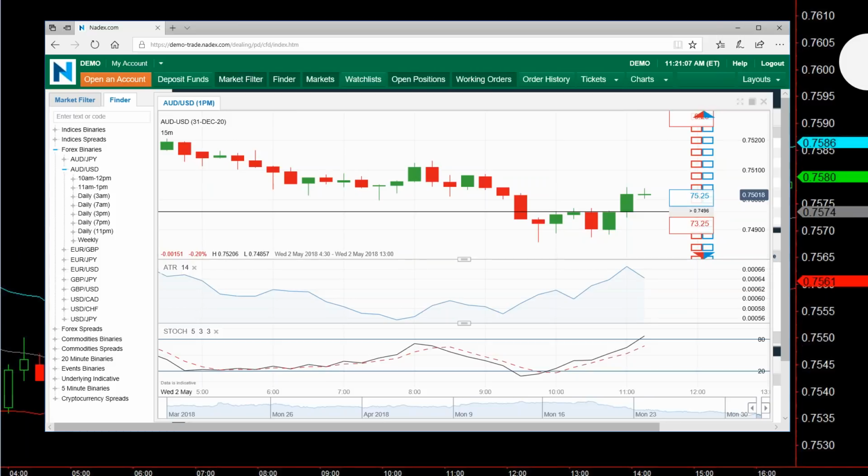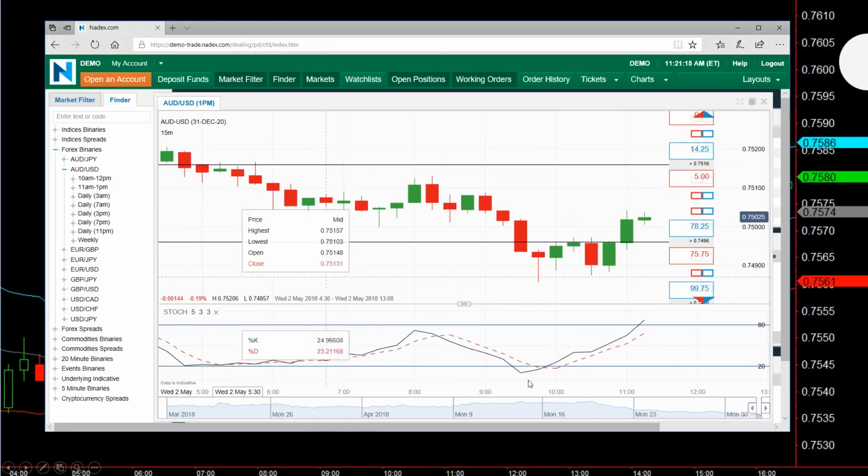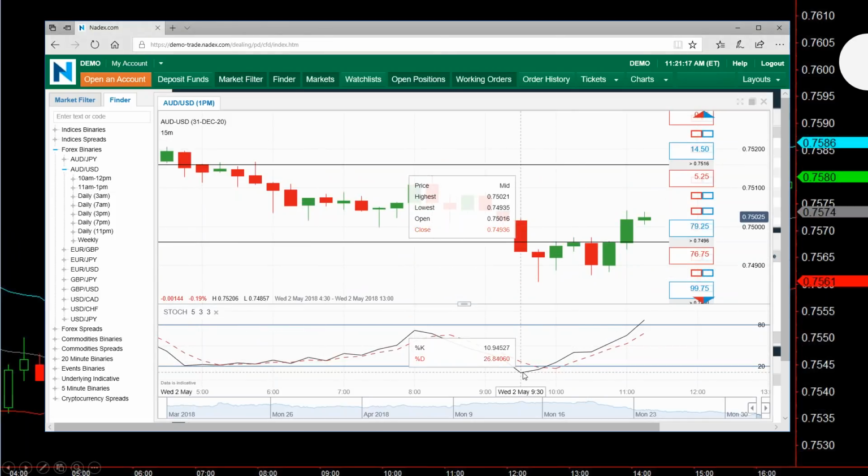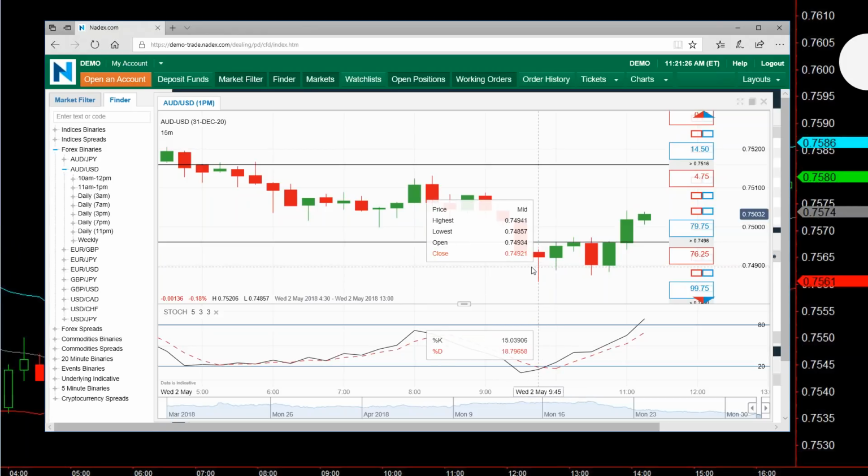But again, okay, let's say you don't have average true range, okay? That's okay. You could pull up a stochastics, okay? Your stochastics is overextended here, correct? I mean, you're below 20, you're overextended. Here's your 3-bar reversal here. Okay, that's at 10 o'clock.